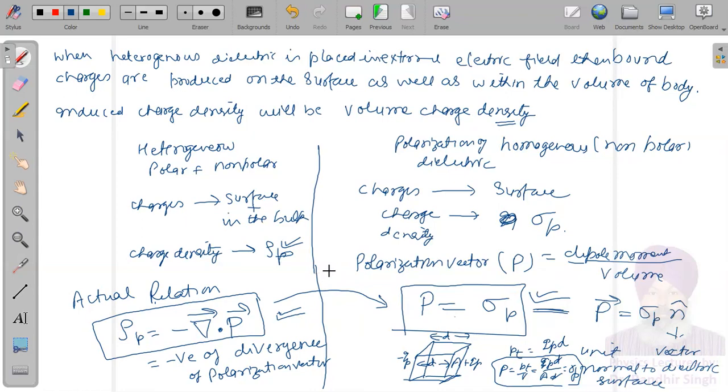Excuse me, sir. For a non-polar dielectric, which formula will we use then? This is a particular formula for non-polar. Sir, can't we use the left one? Left one you can use. It will change here. For a non-polar, you can change this formula to this. This is universal, so it can be used for anything.